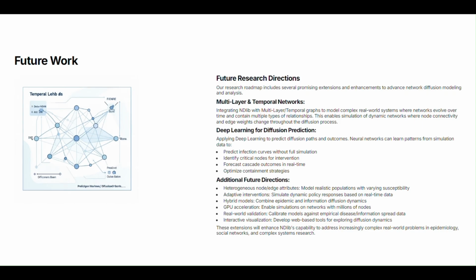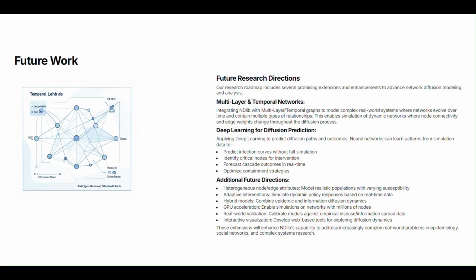Deep learning for diffusion prediction. Applying deep learning to predict diffusion paths and outcomes. Neural networks can learn patterns from simulation data to predict infection curves without full simulation, identify critical nodes for interventions, forecast cascade outcomes in real time, and optimize containment strategies.